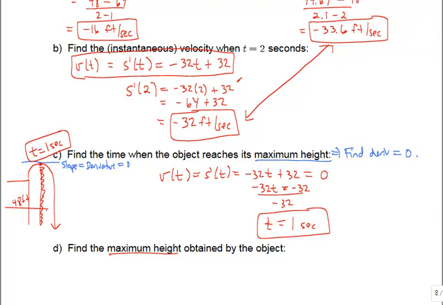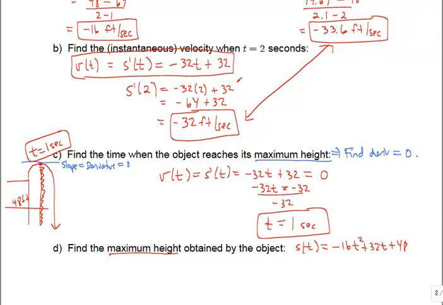So to figure out this height, we need to go back to our height function, which is also known as position, s of t. So here we need to go back to our original function, negative 16t squared plus 32t plus 48. And if we want to know the height, which is this side, then we need to know a time to plug in.